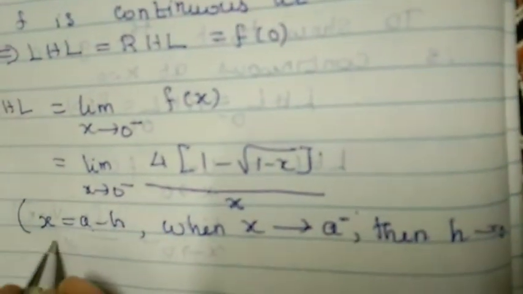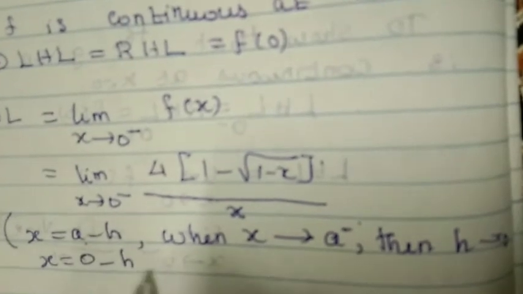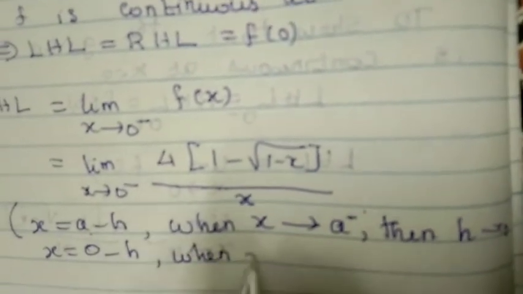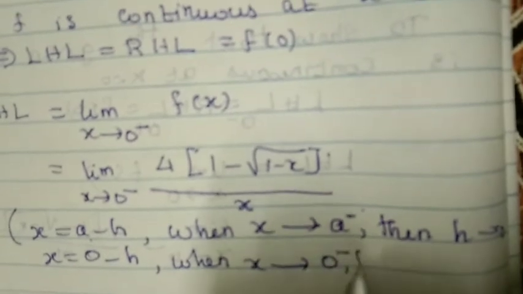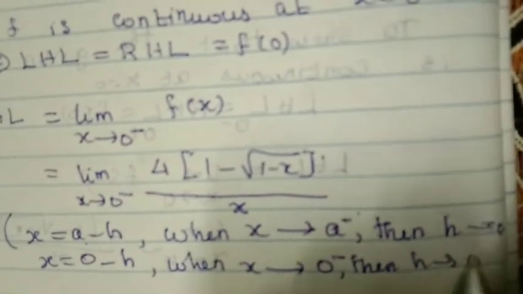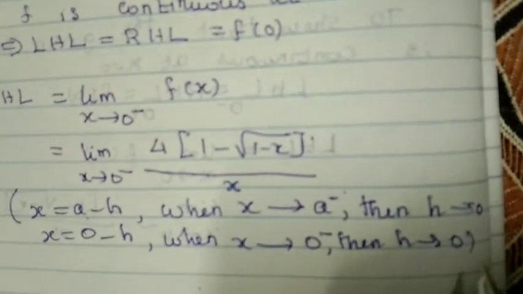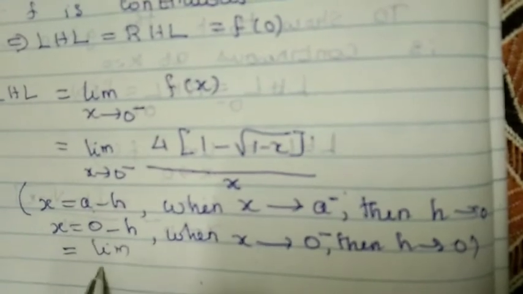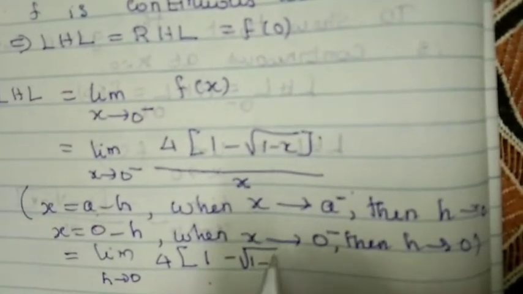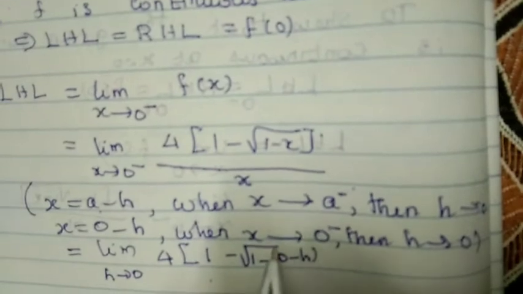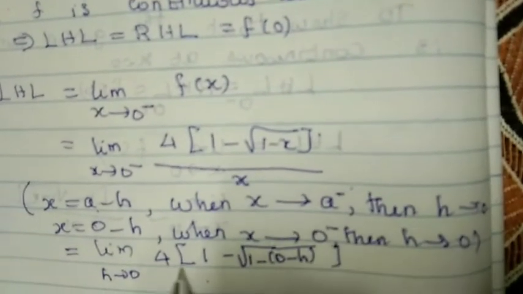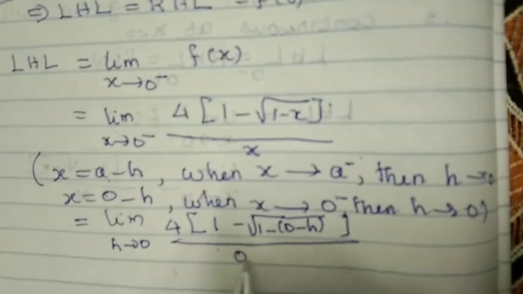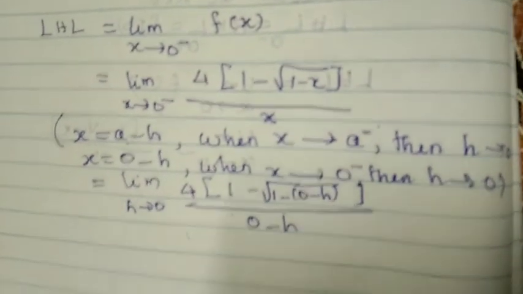So x equals 0 minus h, and when x tends to 0 minus, h tends to 0. Applying to the given sum, our LHL becomes limit h tends to 0 of 4 into (1 minus root of 1 minus (0 minus h)) by (0 minus h). So the substitution is over.